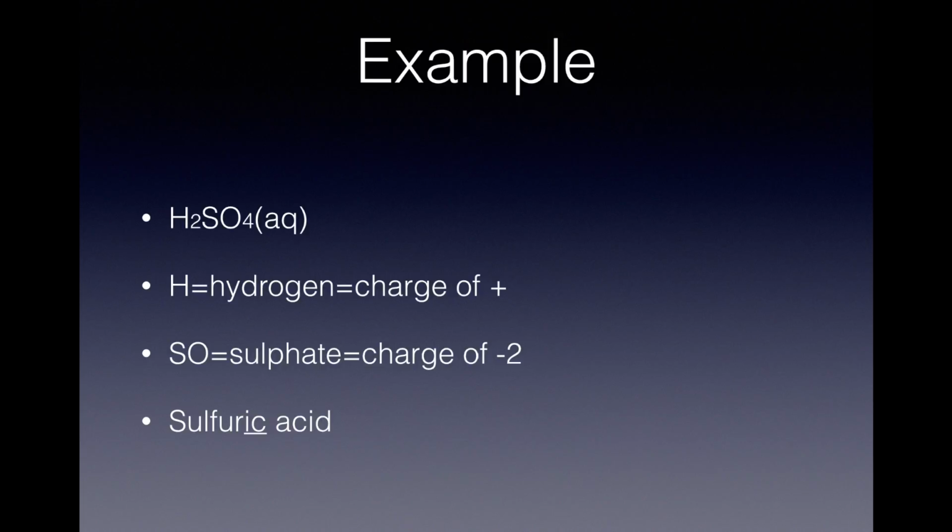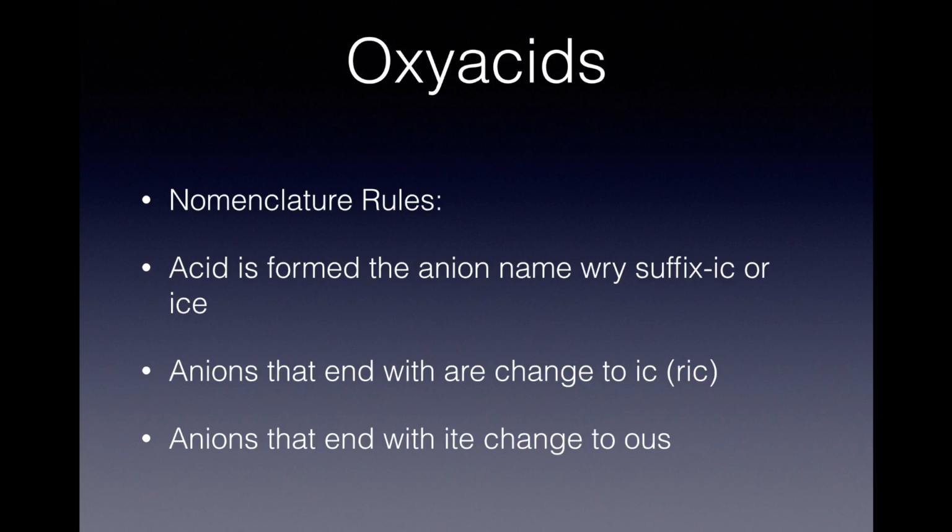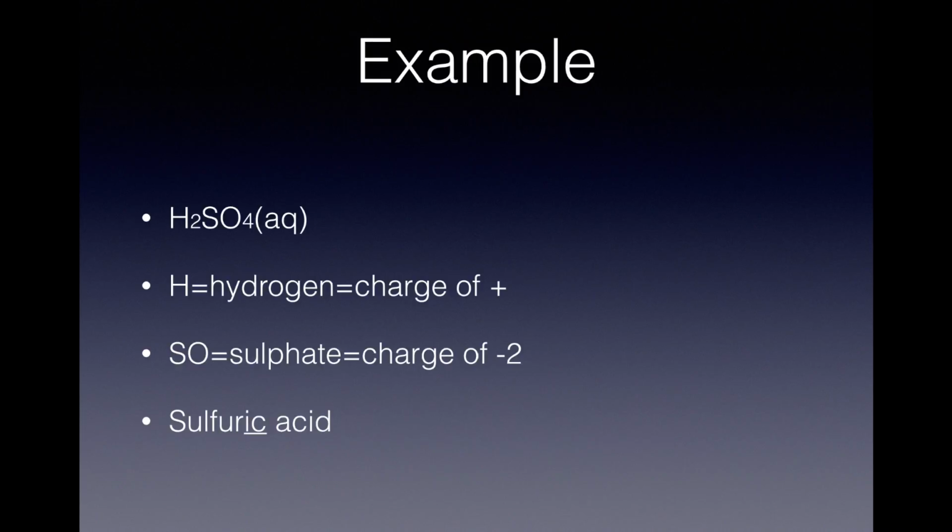Hydrogen has a charge of +1 and sulfate has a charge of -2. Because we need two hydrogens so it can balance out, it's H2SO4, and its name is sulfuric, because it has an ending of -ate. Sorry, I spelled it wrong at the ending. So -ate changes to -ic, in this case sulfuric, and acid will always go at the end.